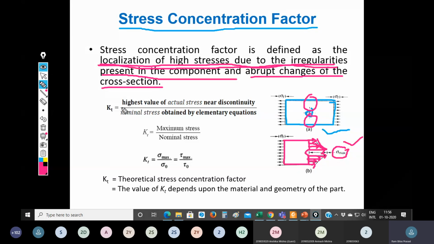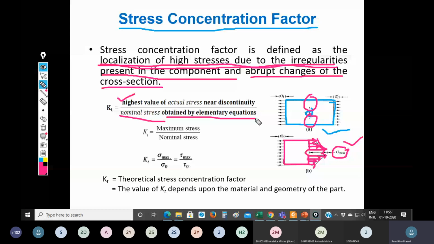So Kt is the highest value of actual stress near the discontinuity, that is sigma max, divided by the nominal stress obtained from the elementary equation.